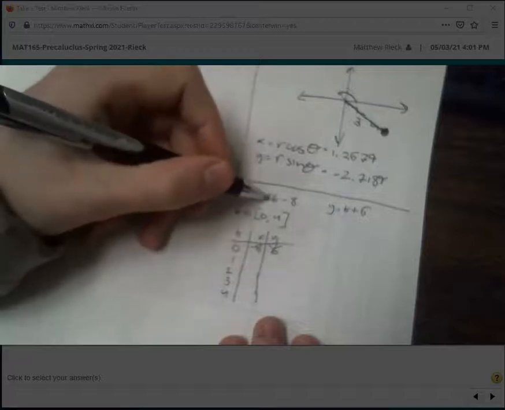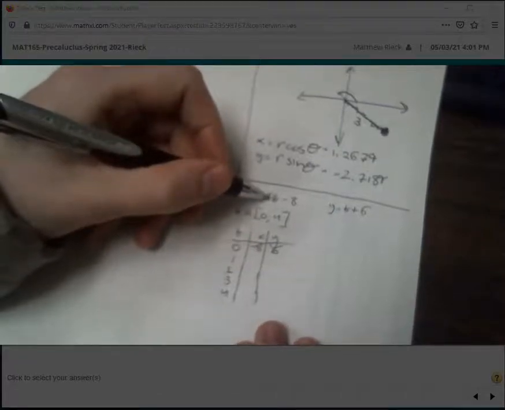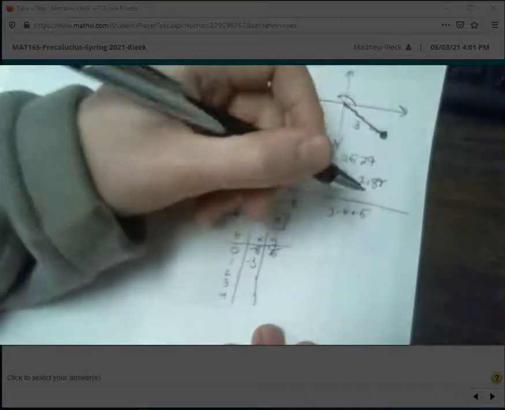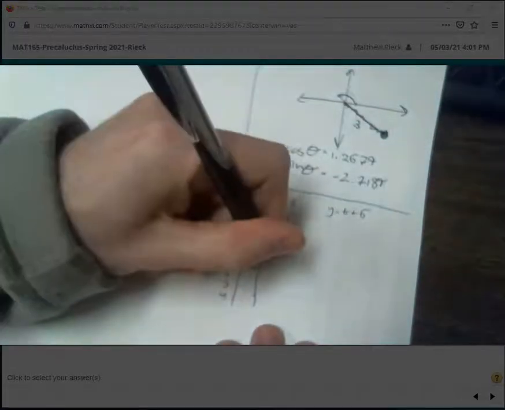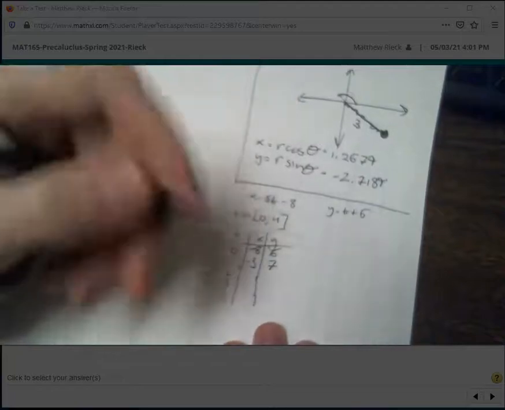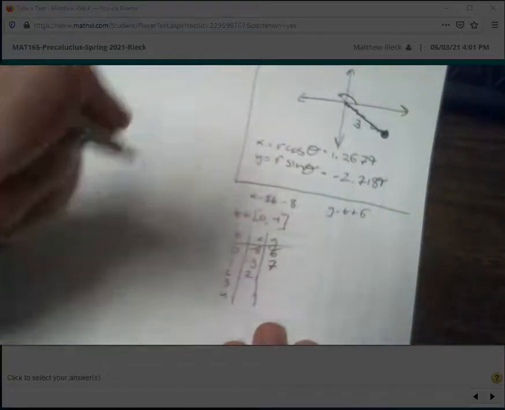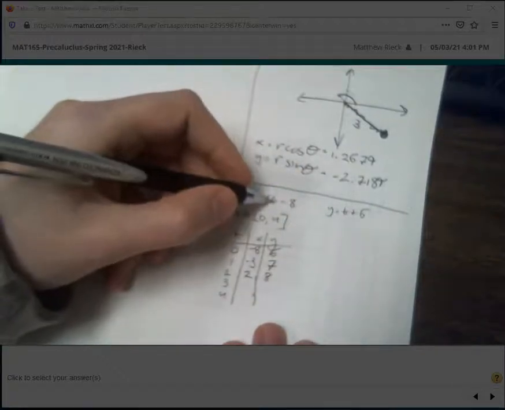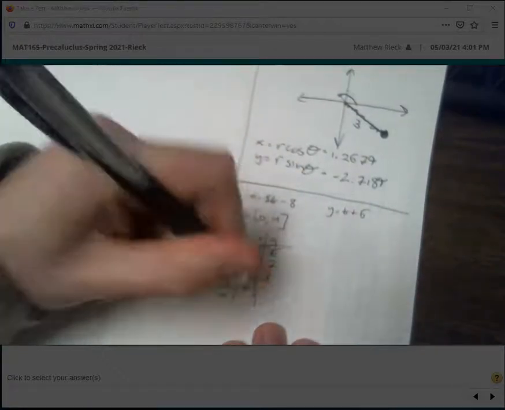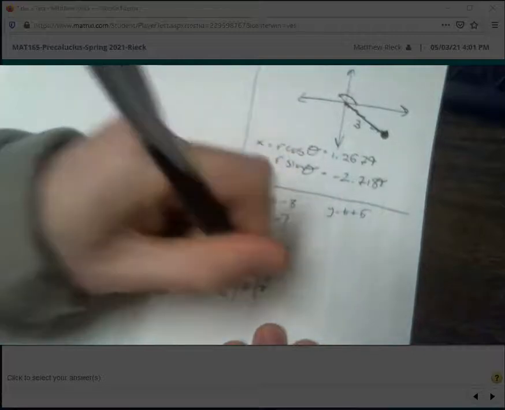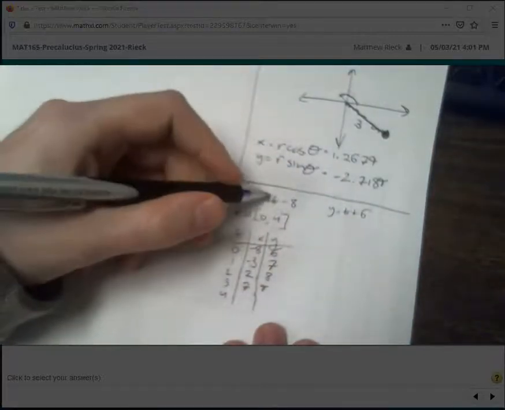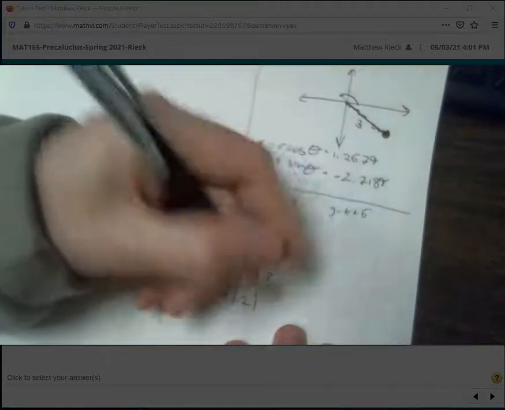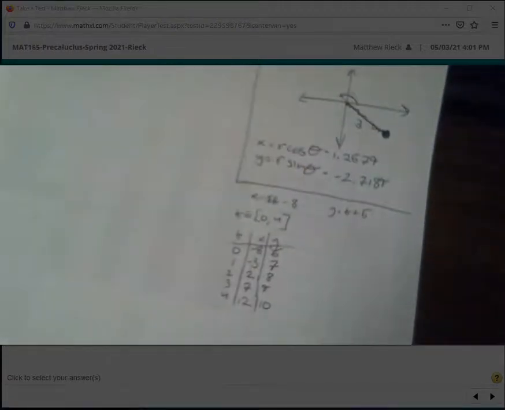When t is 1, we have 5 times 1 minus 8. That's going to be -3. And 1 plus 6 is going to be 7. When t is 2, we have 10 minus 8. It's going to be 2. Then 2 plus 6 is going to be 8. And t is 3. We have 15 minus 8, which is going to be 7. And 3 plus 6 is going to be 9. And when t is 4, we have 20 minus 8, which is going to be 12. And then 4 plus 6 is going to be 10 there.